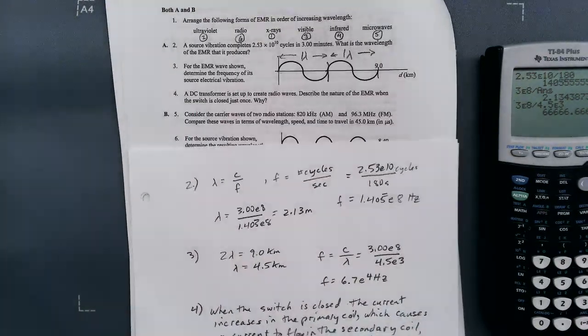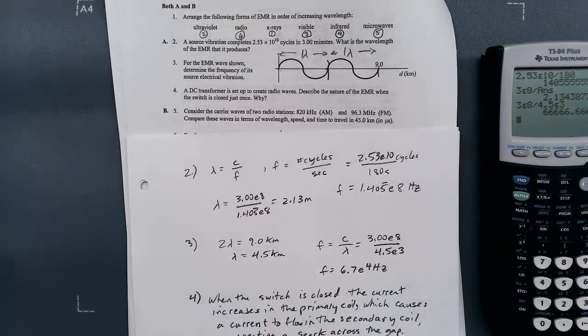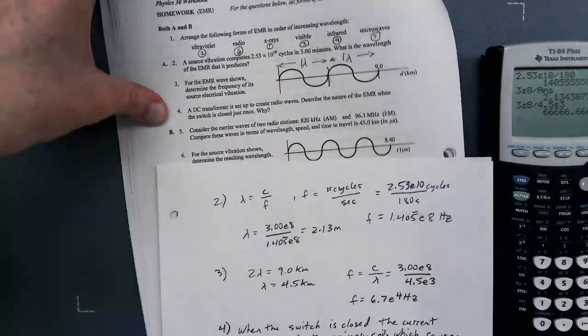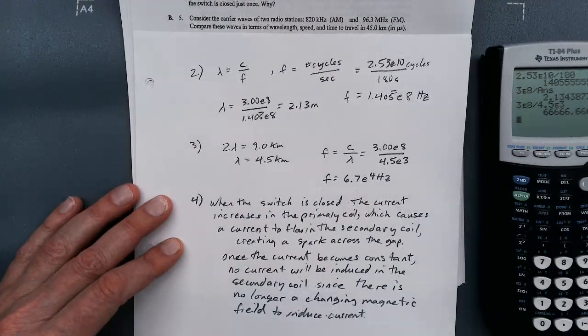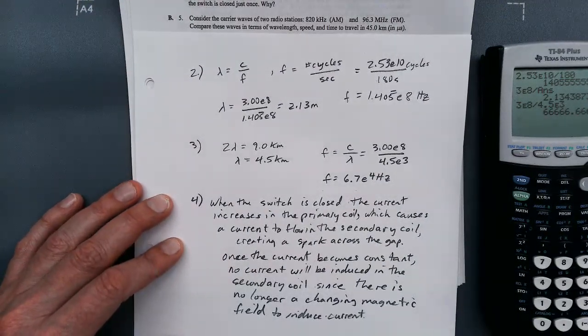All right, looking at question number 5. Question number 5 says, consider the carrier waves of 2 radio stations. Compare these waves in terms of wavelength, speed, and time to travel 45 kilometers in microseconds.